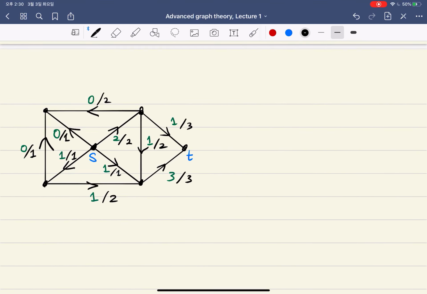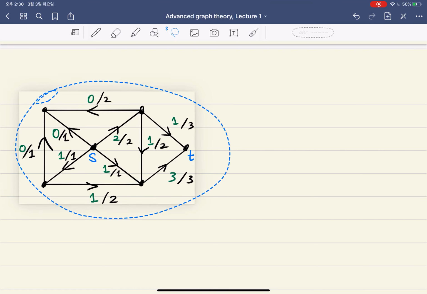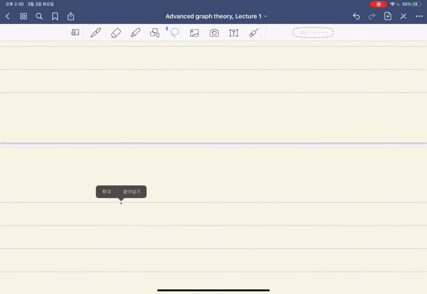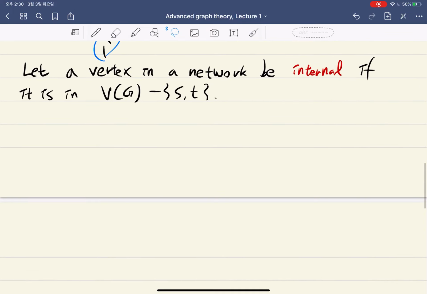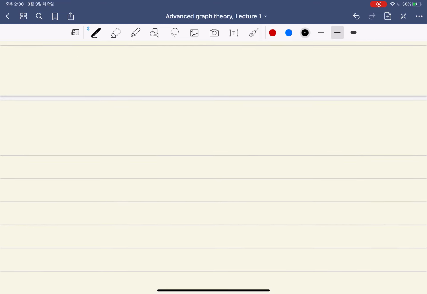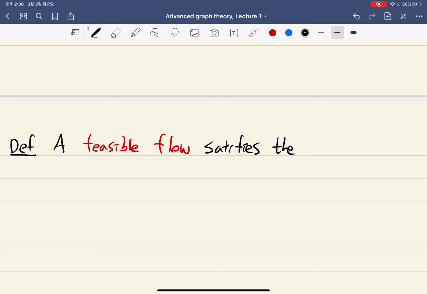Then what would be the condition that we want the flow to satisfy? We say a flow is good, or feasible, if it satisfies the capacity constraint.